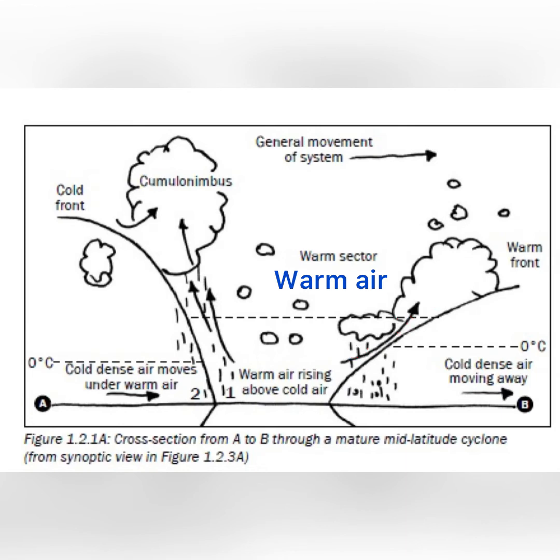Now, behind the cold front, there is cold air, which moves to the east of the system, right? As it moves towards the warm sector, it combines with the warm air, which will result in cool air.